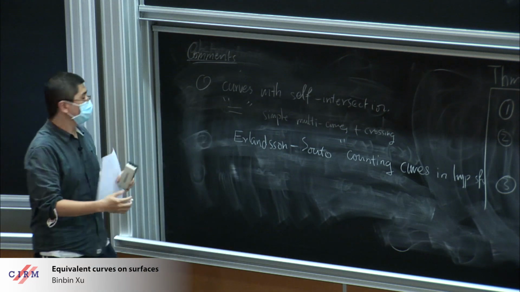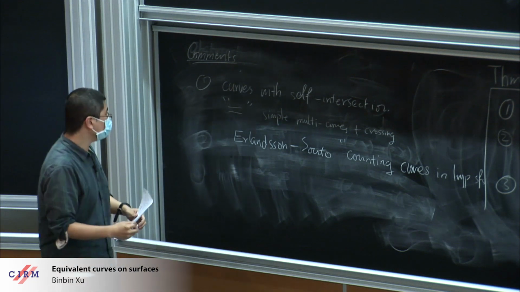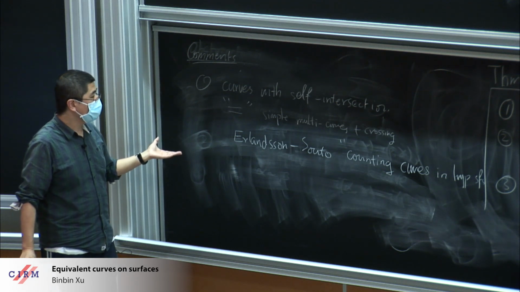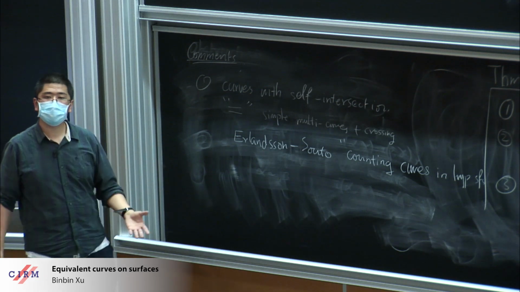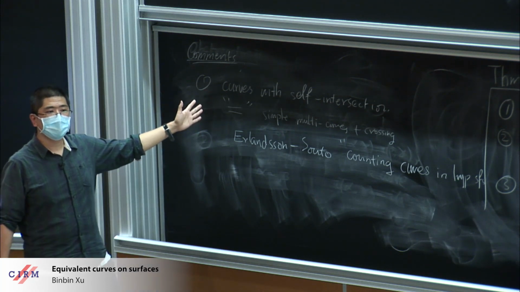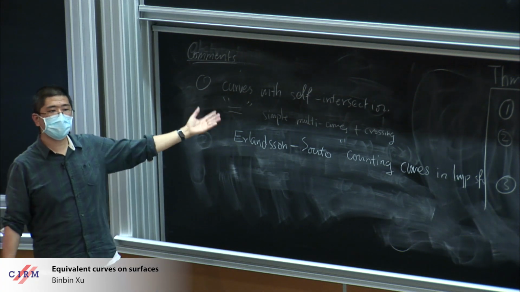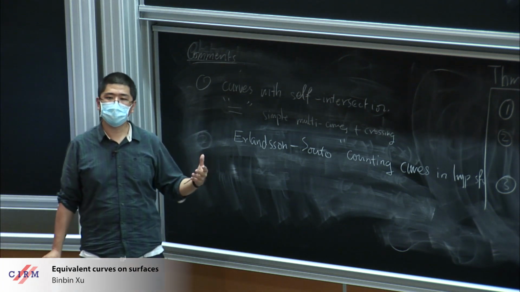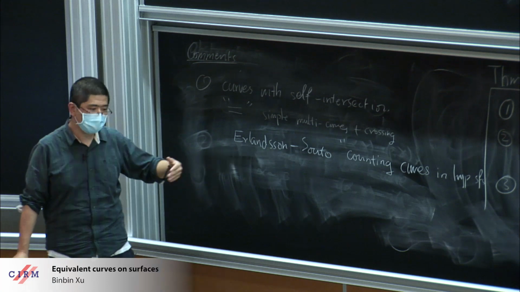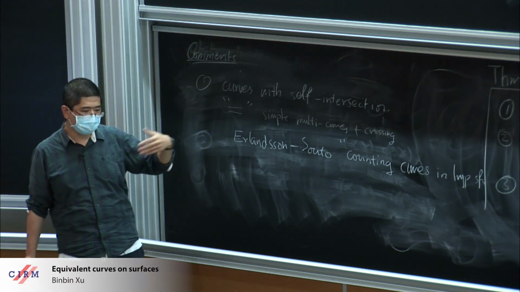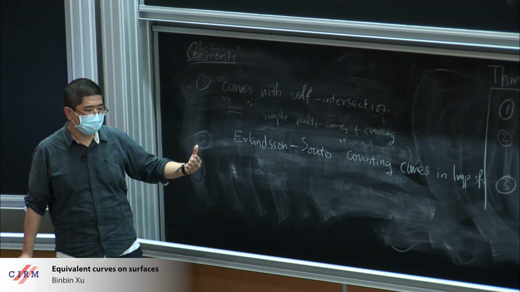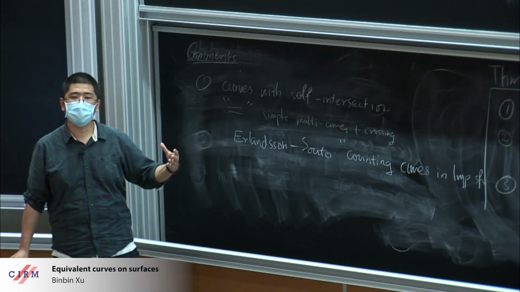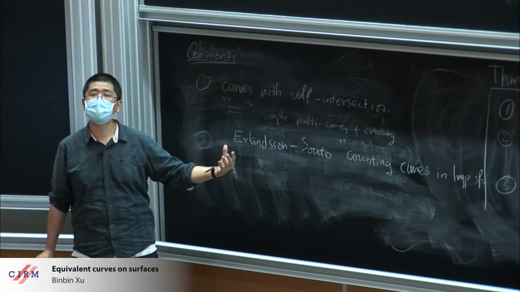So the advantage of this way is that when you try to count the growth, for example, you fix a k, you consider all the curves with k self-intersections, and you want to know the growth rate of this kind of curve. As you consider longer and longer curves, how many of them have k self-intersections, and what's the relation between this number and length?